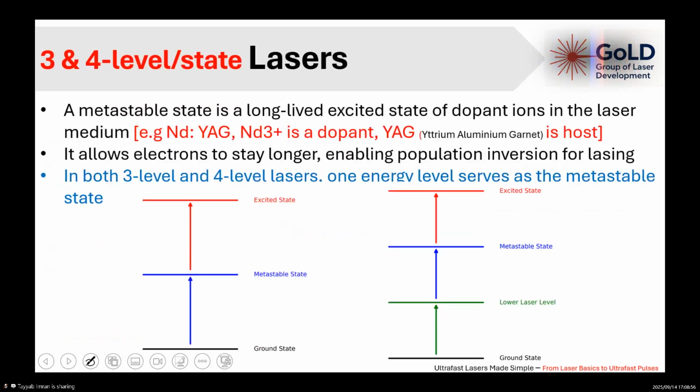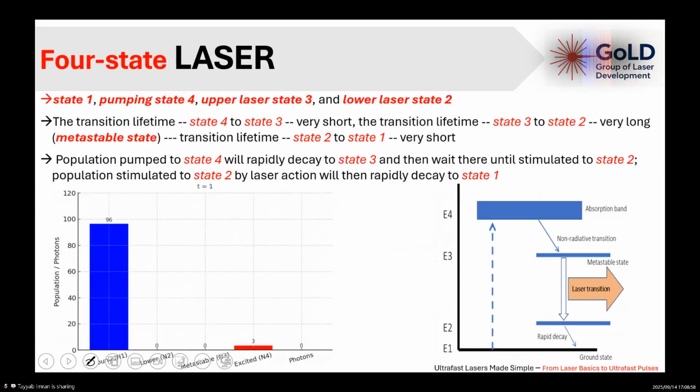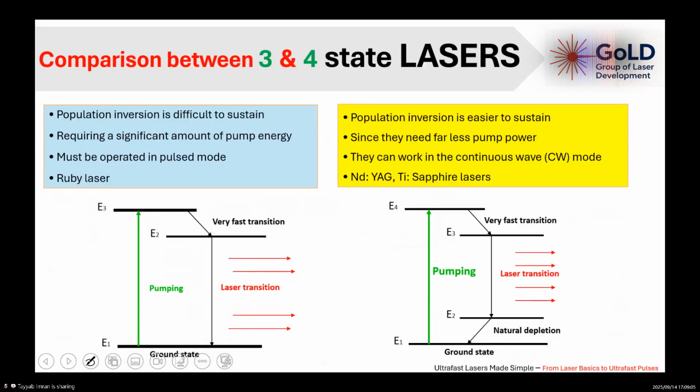And another thing, some of the part of the last lecture was not recorded, and that was from here. We have studied the 3 and 4 state laser. If we compare, you can see the 3-state laser and the 4-state laser.